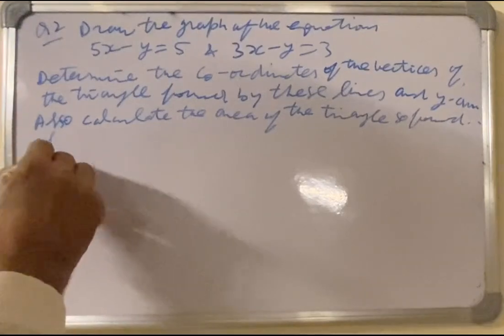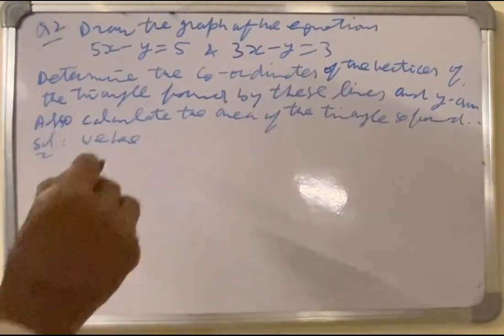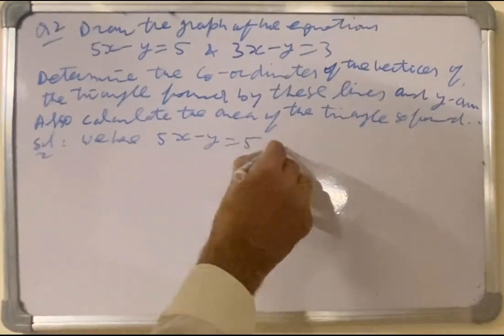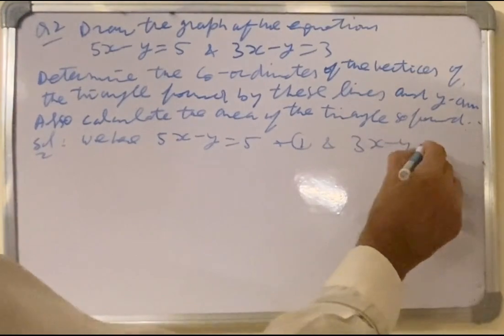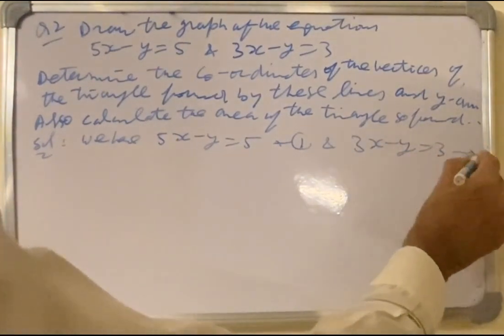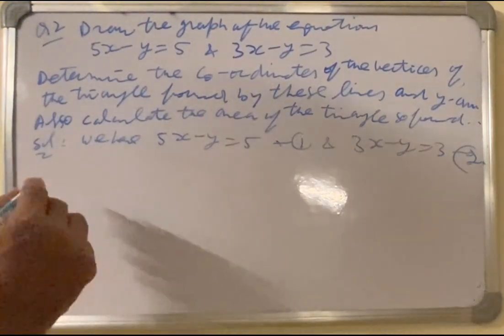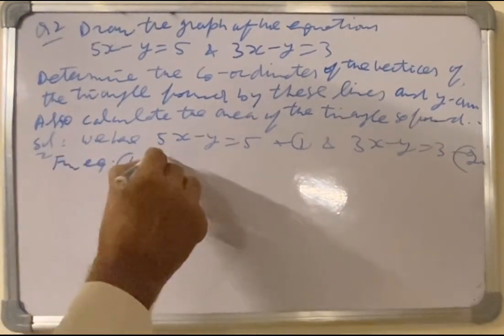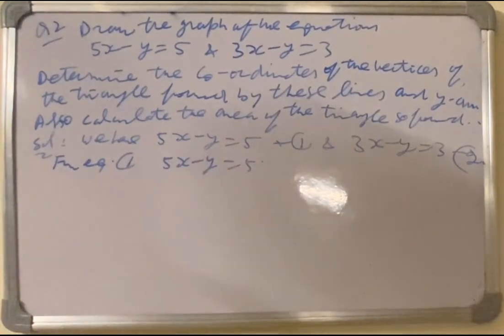Solution. We have 5x minus y is equal to 5, this is number 1, and 3x minus y is equal to 3, this is number 2. From equation 1, we have 5x minus y is equal to 5.